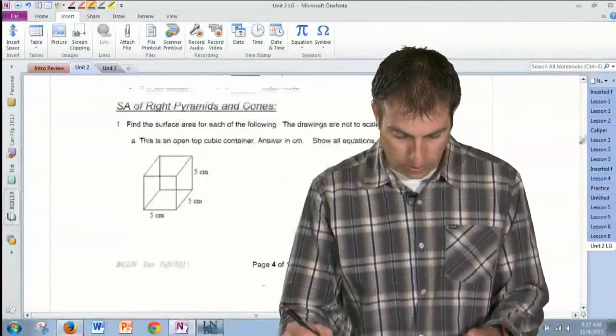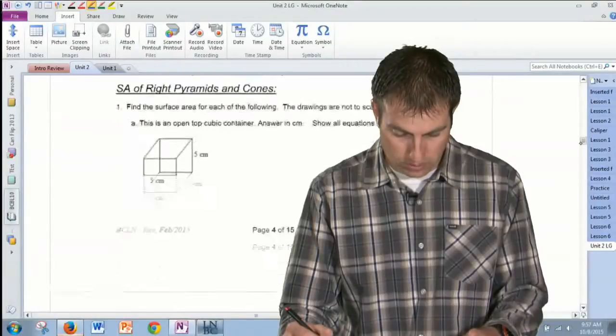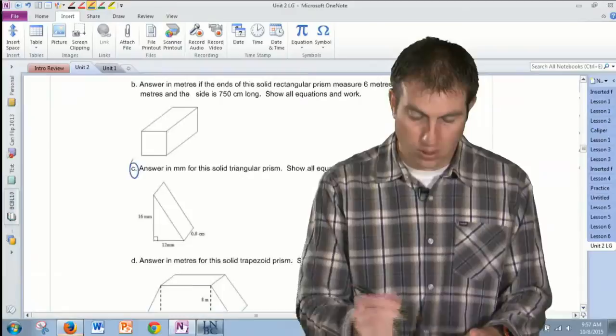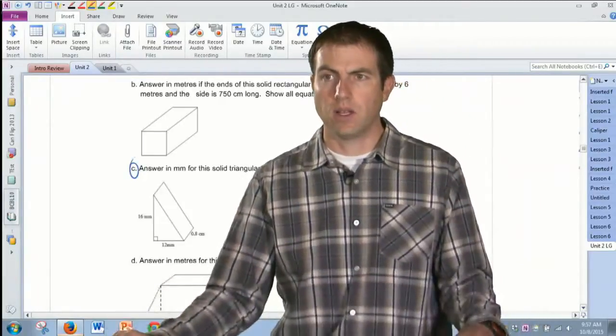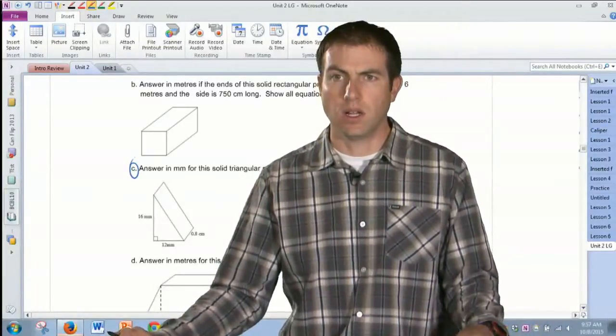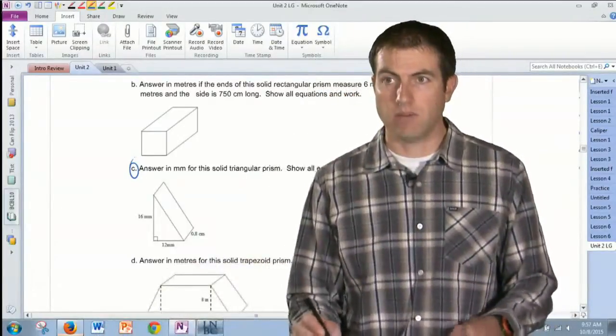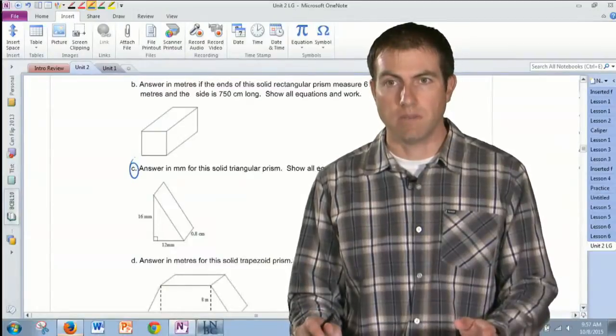I think I did that one, did I not? Surface area of right pyramids and cones, 1A, B, C. And Taylor said yes, but Taylor, I've moved on. So you're going to have to put it in again.